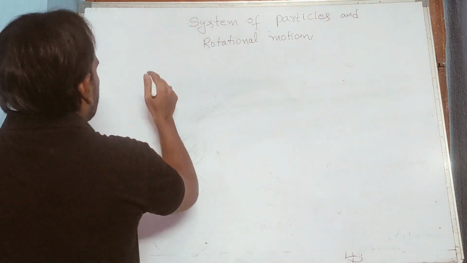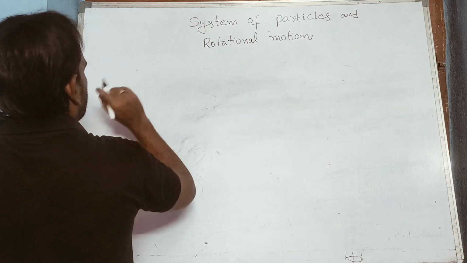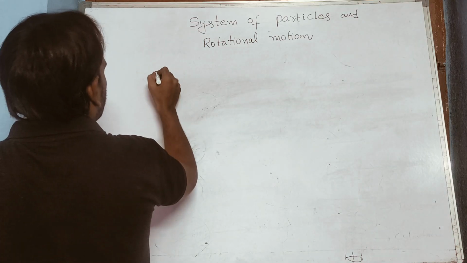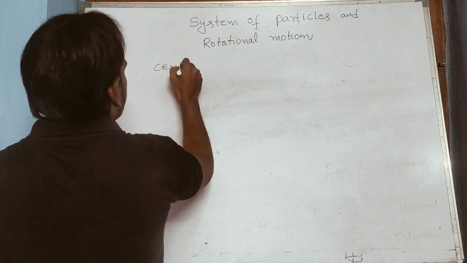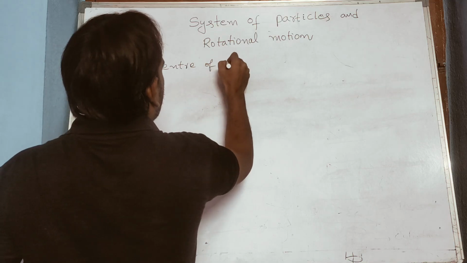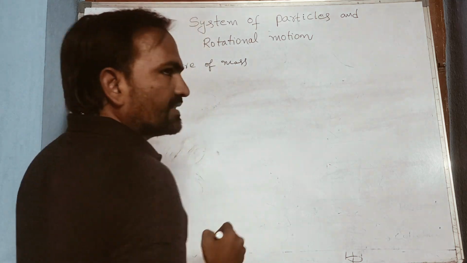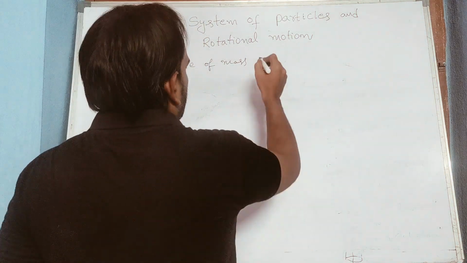So the first point is very important. Here, the center of mass of a discrete system of particles.